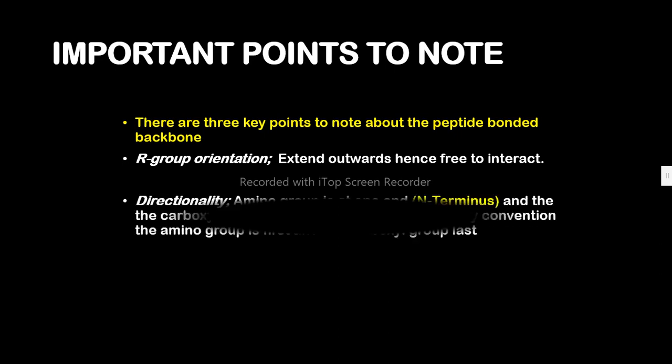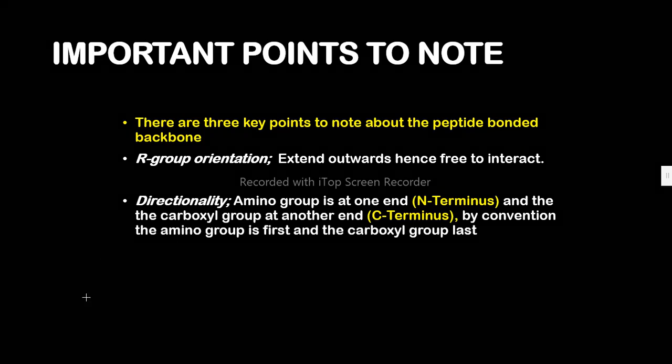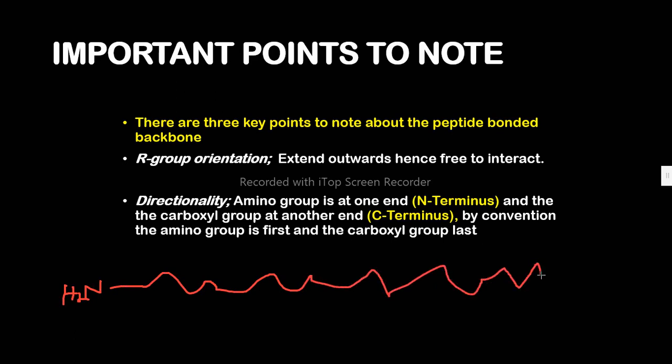Number two, when you are reading the directionality of a given amino acid chain, we have the N terminal and the C terminal. Because see, it starts with the N, and you have the amino group here, and then it condenses.